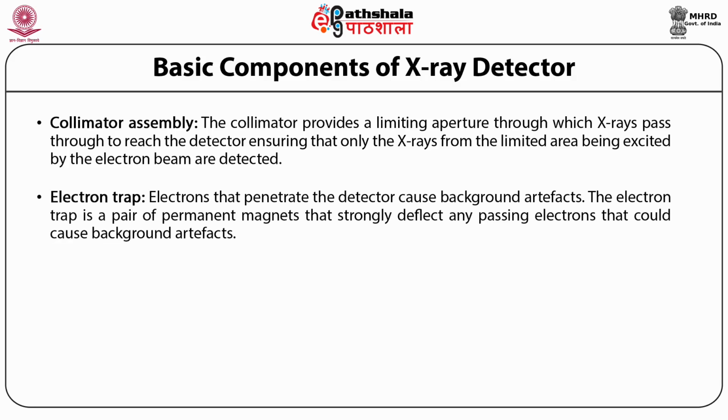Second, the electron trap. Electrons that enter the detector cause background artifacts. The electron trap is a pair of permanent magnets that strongly deflect any passing electrons that could cause background artifacts.